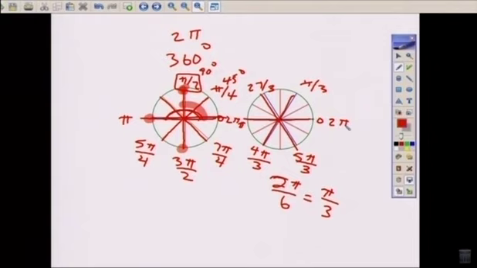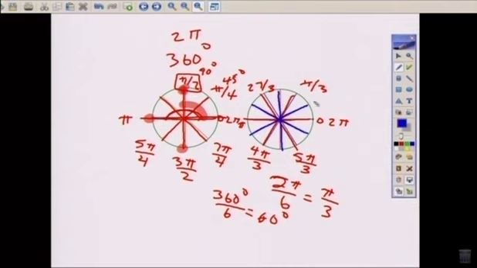Now, pi over 3, again, if we're taking the whole circle and cutting it into 6 equal pieces, that means that our 60 degrees is equivalent to pi over 3 radians. Now, if I take each of those and cut those in half again, we're taking a pi over 3 and cutting it in half.